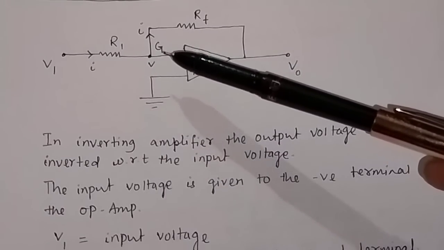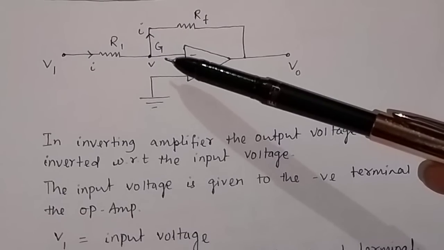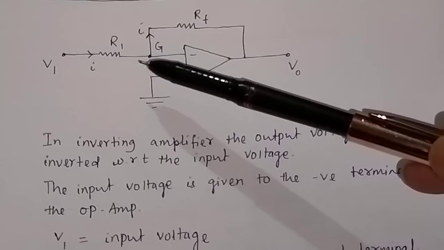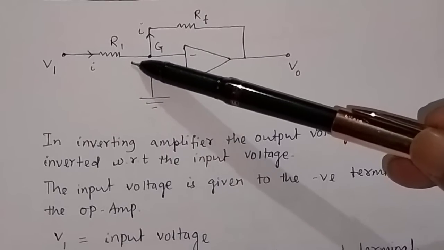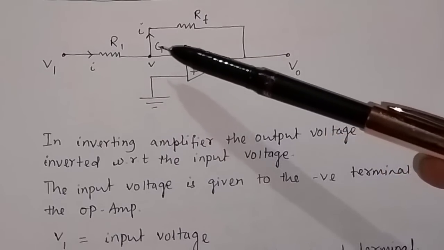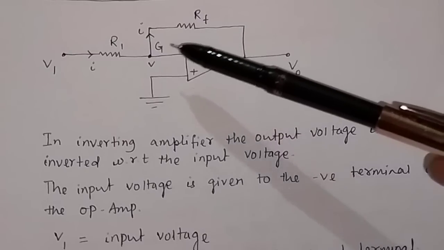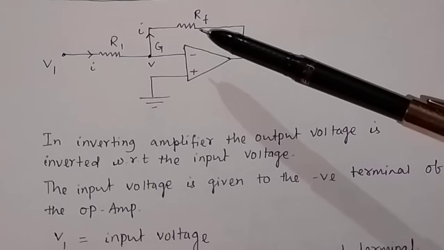I have discussed virtual ground in the previous video, so you can watch it. And here R1, or RIN, is the input resistance, and RF is the feedback resistance. You have two resistances, input resistance and feedback resistance.